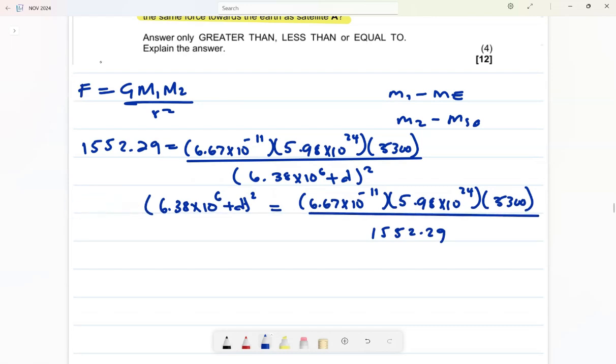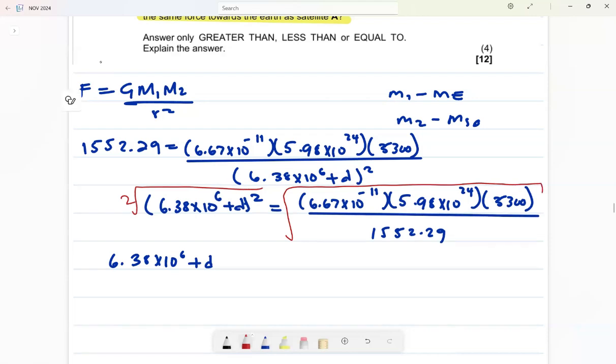Remember this is squared, so I'm going to take the square root. When I take the square root, I will have 6.38 times 10 to the power of 6 plus D, because the square root removes the square. And then D will be equal to whatever you get here.